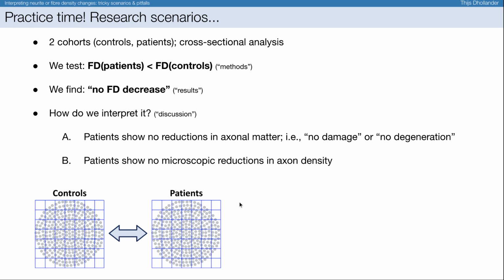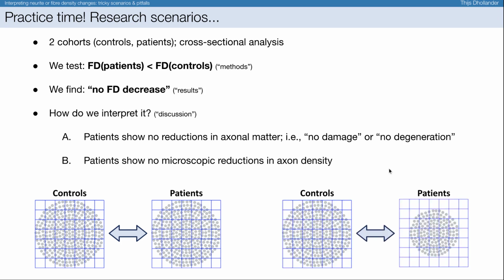All right. But can we be a bit more creative, and can we picture other scenarios that go with these findings, but that somehow don't go with this interpretation of no damage or no degeneration? Can we challenge ourselves? Is there something we have overlooked here? Well, obviously there is.